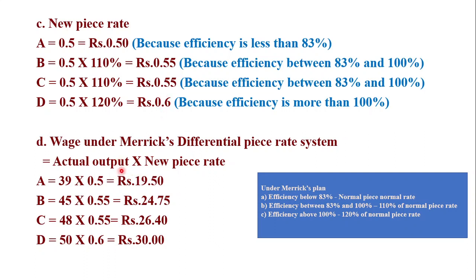So wages under Merrick's differential piece rate system for worker A rupees 19.5, B 24.75, C rupees 26.40 and D rupees 30. Based on their level of efficiency, the workers will get the wages.